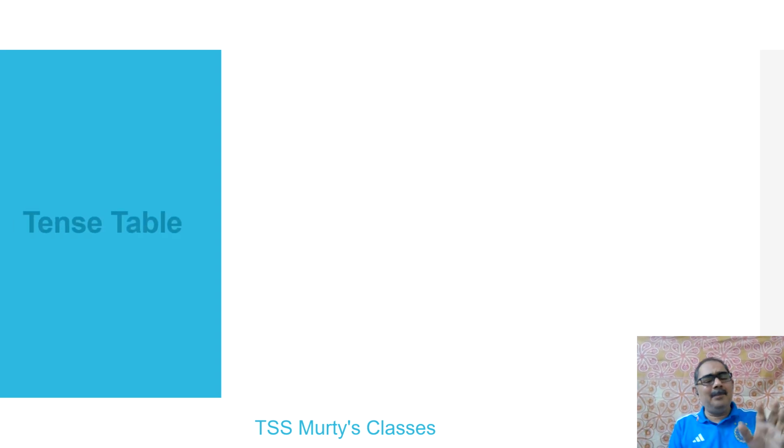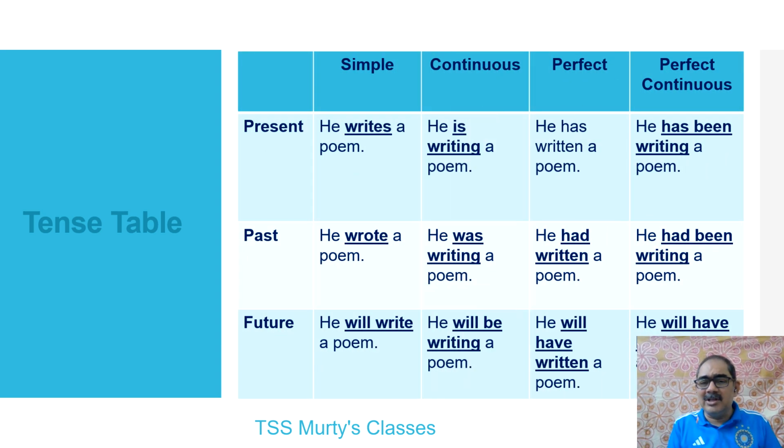I'm presenting to you a simple, small table here. Now here you can see that on the left side column, present, past, and future are there. On top, you can see simple, continuous, perfect, and perfect continuous. In every sentence, the verb is underlined.